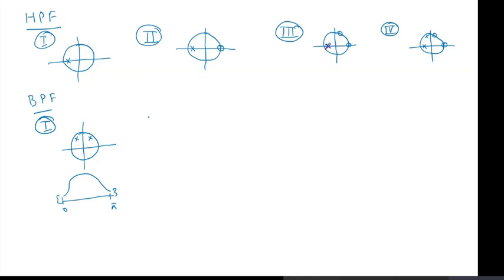So second type, we place 2 zeros. So it will be something like this.